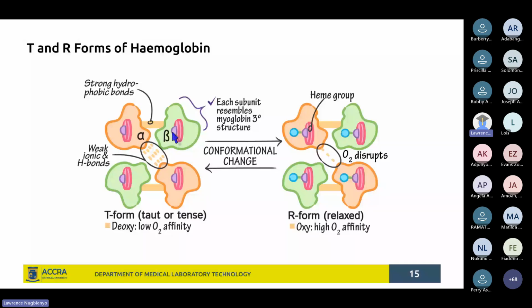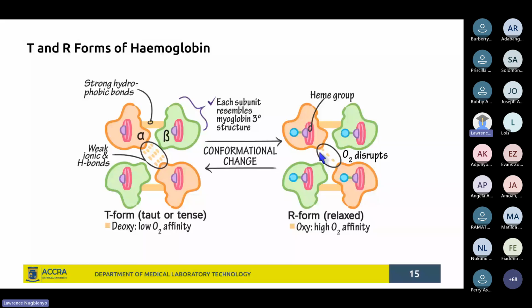That is to depict that, like, that is the heme, the prosthetic part of the hemoglobin. And when you look at the right side, you see that on that heme, we have some blue structures. That is to depict oxygen bound onto the hemoglobin molecule. And you realize that the weak ionic and hydrogen bonds that you find between these alpha chains being shown here have reduced. When you look at the right side, there is that conformational change.